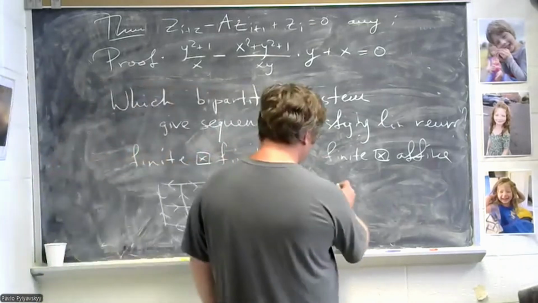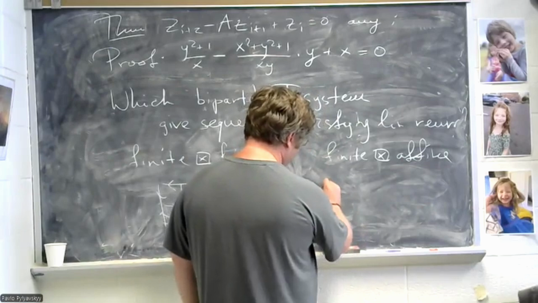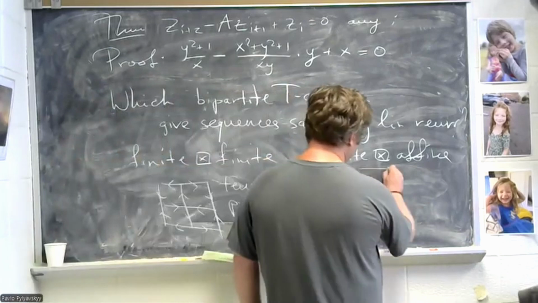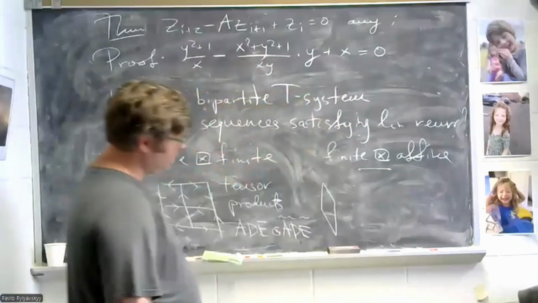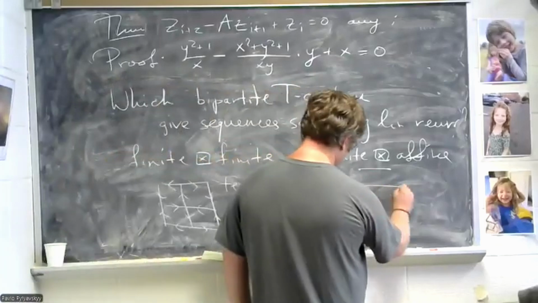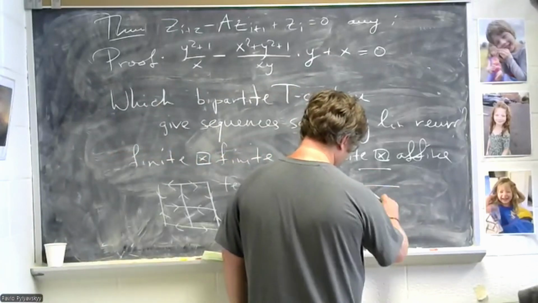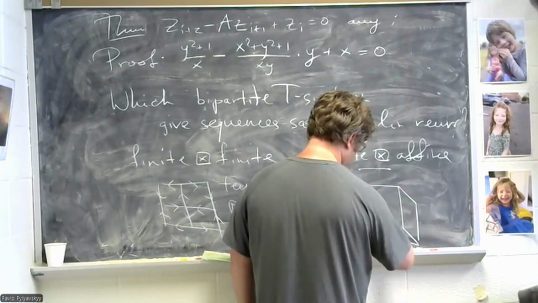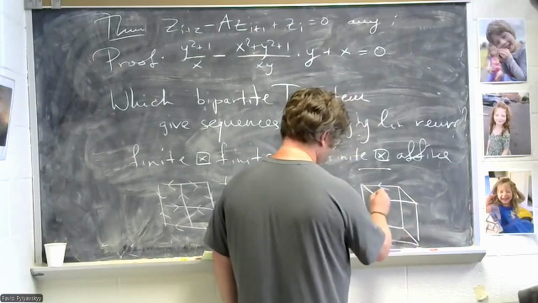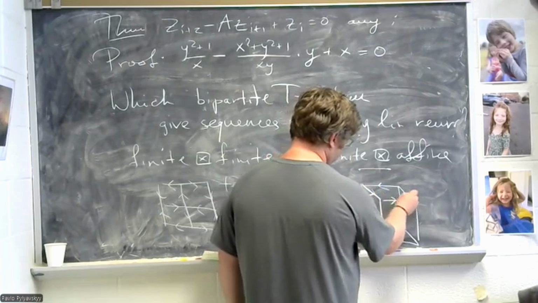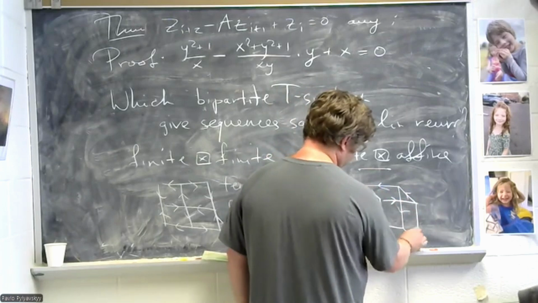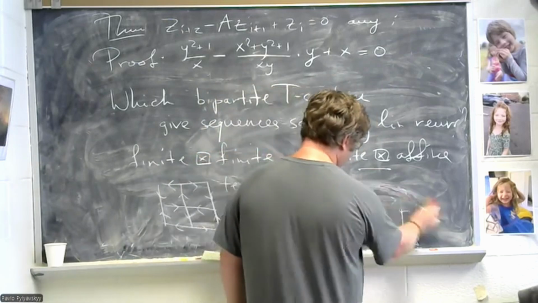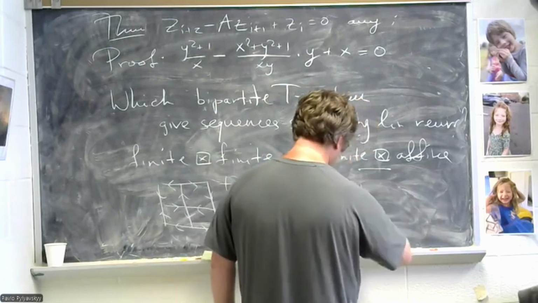So here's an example. Here's my affine linking diagram. Here's my finite linking diagram. Here's a tensor product. I need to be careful how I orient the arrows. Let's try again.